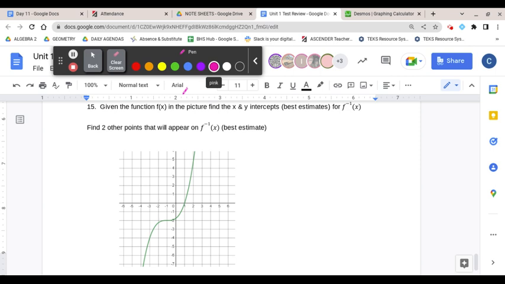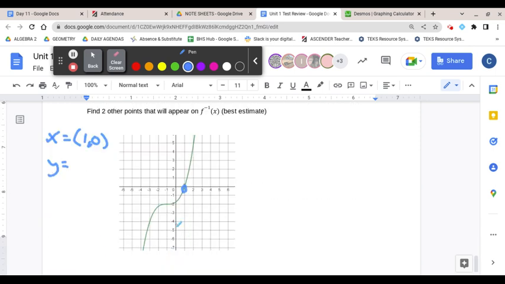So the x-intercept for the original one is going to be 1, 0. And the y-intercept on this one, it's not quite -2, but it's really close. We'll call it, maybe -1.8.